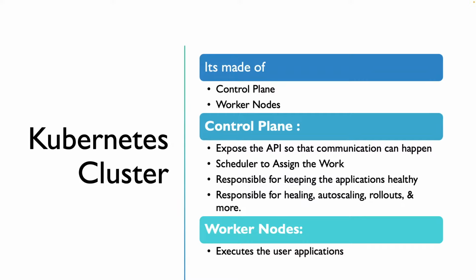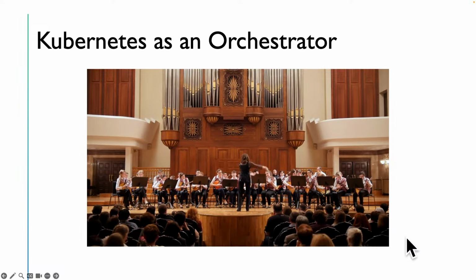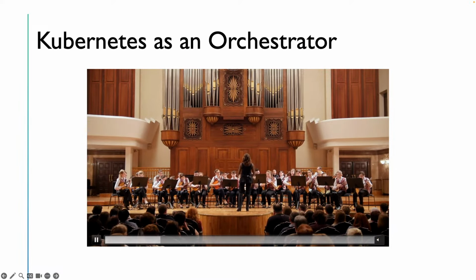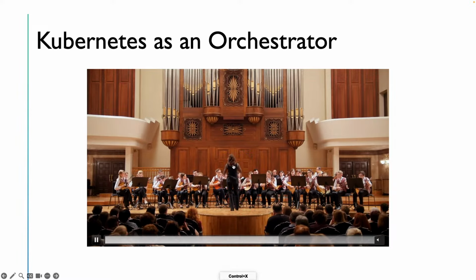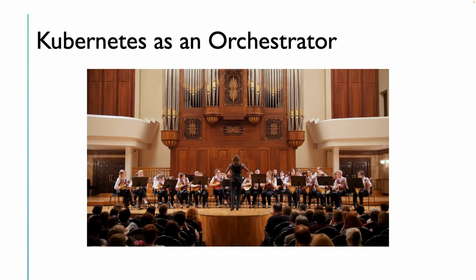So when we say Kubernetes is an orchestrator, think about the conductor of an orchestra. The conductor is the one who manages everything. Without the conductor, you'll have the various instrument players all around the place.